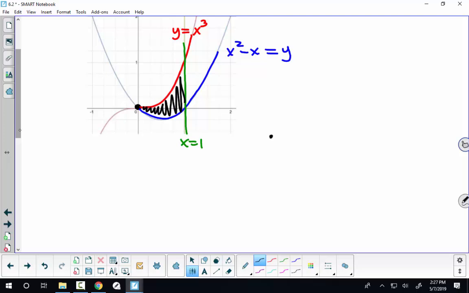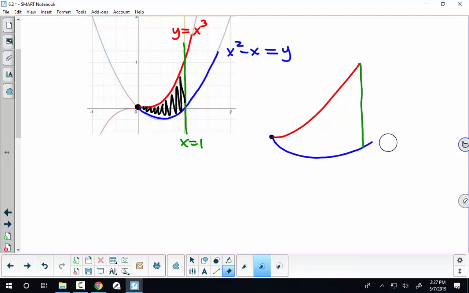I'll just redraw this so it's a little bit larger over here. Okay, so we're finding the area of that region.